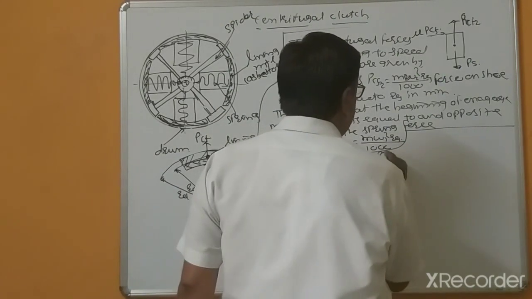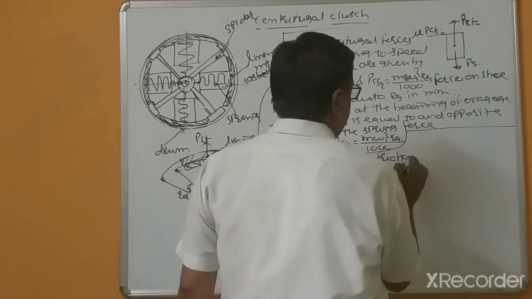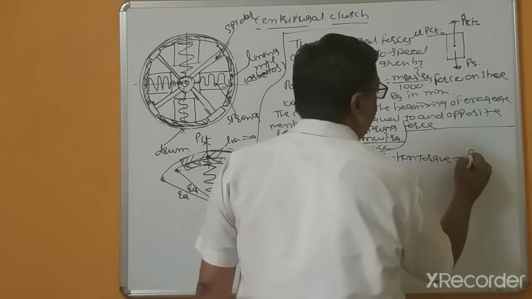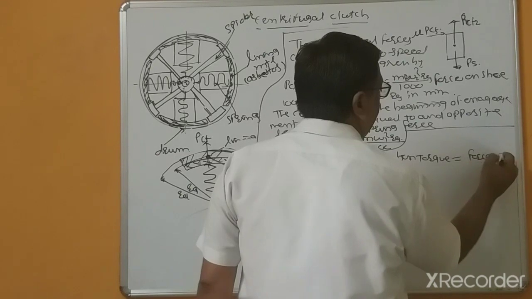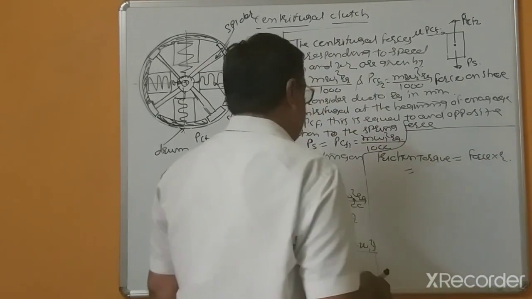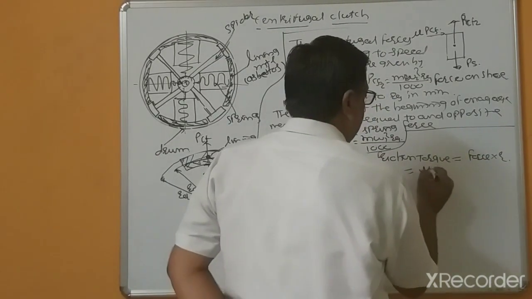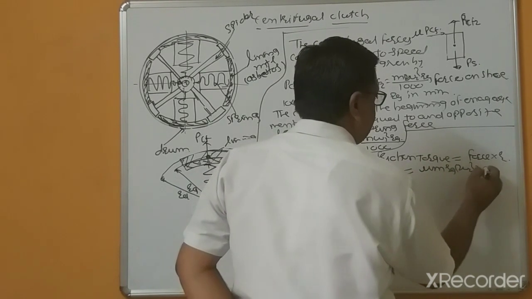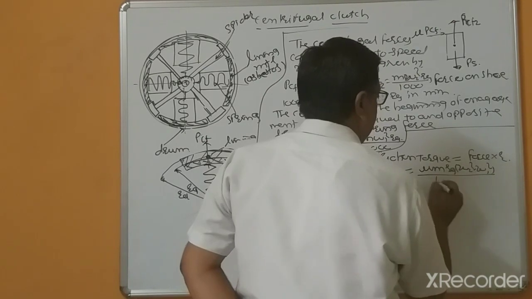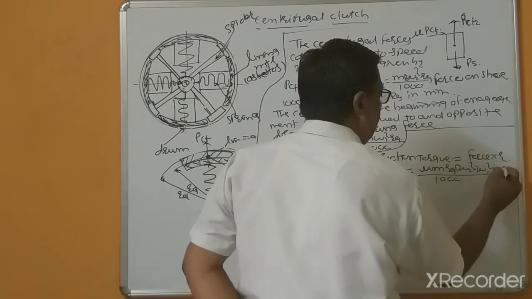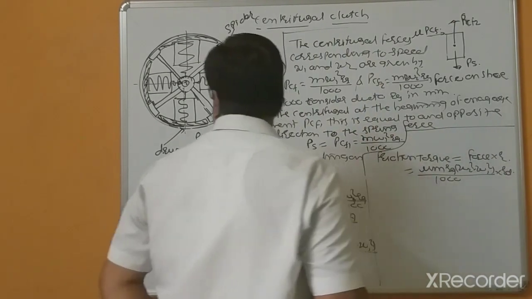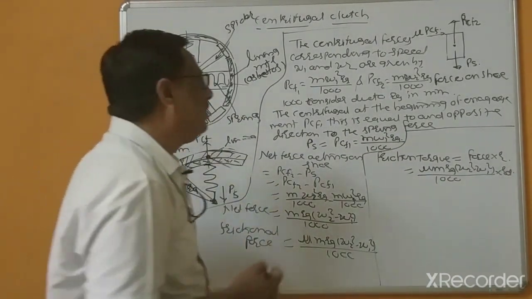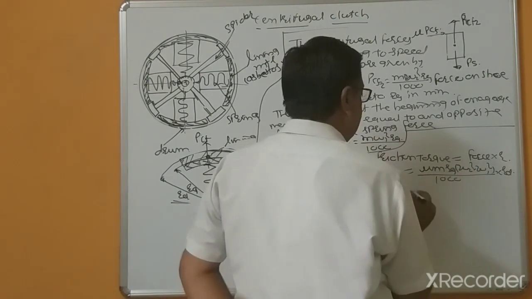And frictional torque equals force multiplied by radius, so the force mu m Rg omega 2 square minus omega 1 square divided by 1000 is multiplied by Rd, the drum radius.